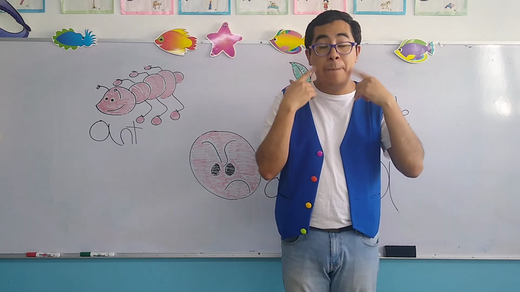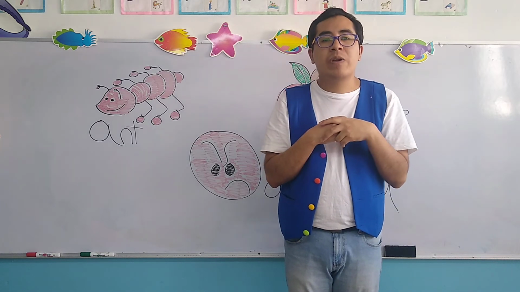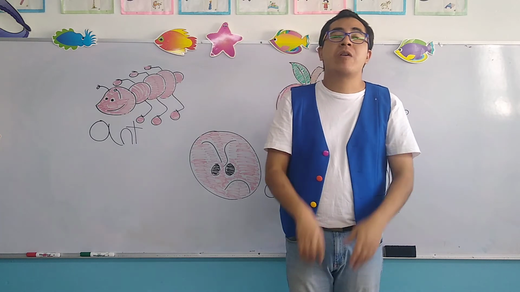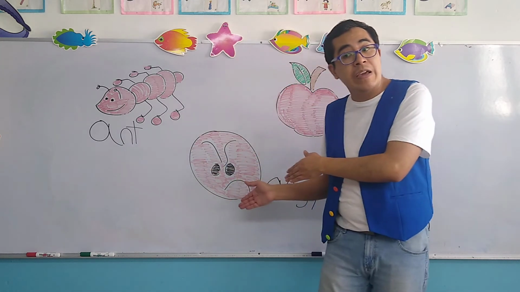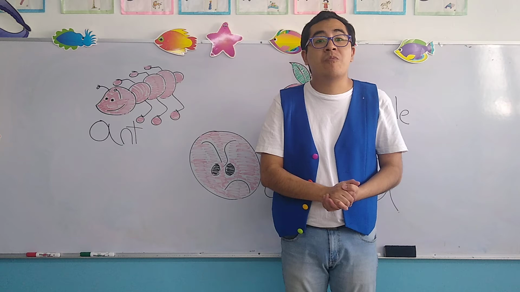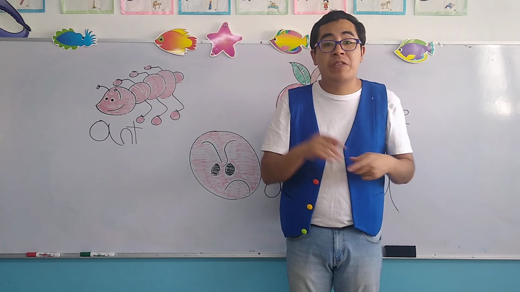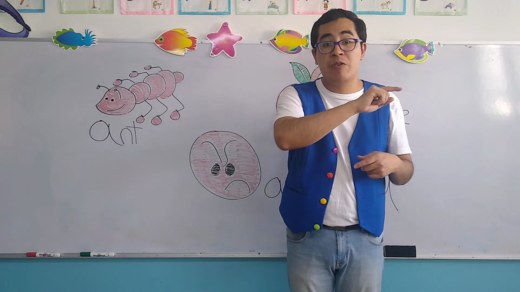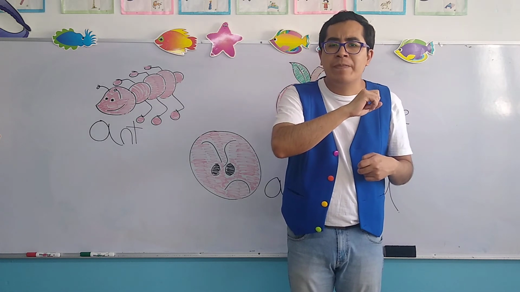For example, happy, cuando estamos felices, or sad, okay, o cuando estamos tristes, or when we are sleepy, cuando tenemos flojerita o sueño. Angry is when we are, in Spanish, enojados, okay? For example, there is a very popular superhero called the Hulk that is always angry, okay?